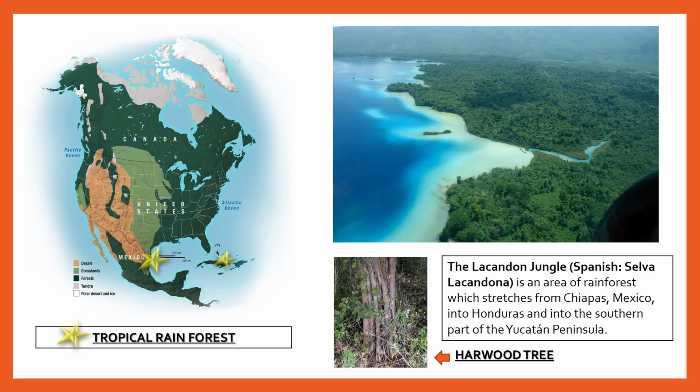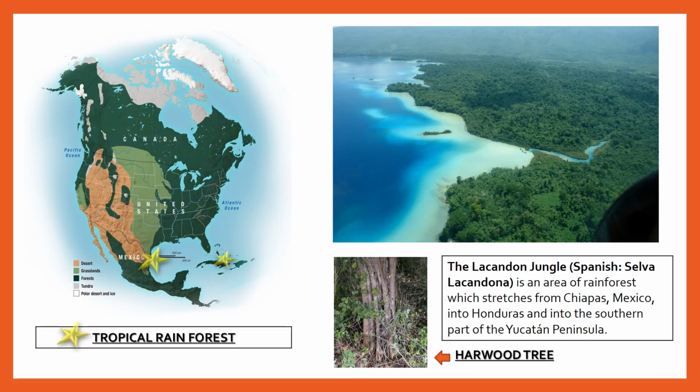The southern part of Mexico and the West Indies region have the tropical forest. The tropical forests are very wet places and they receive more than 200 centimeter rainfall per year, either seasonally or throughout the year. So these forests which are found in the southern part of Mexico and West Indies are tropical forest.